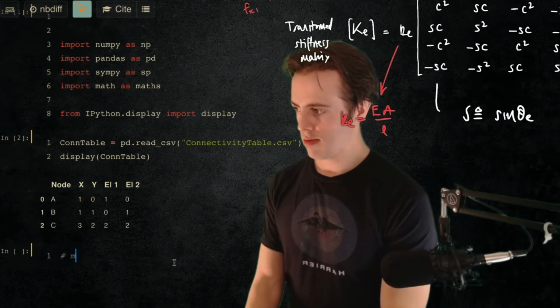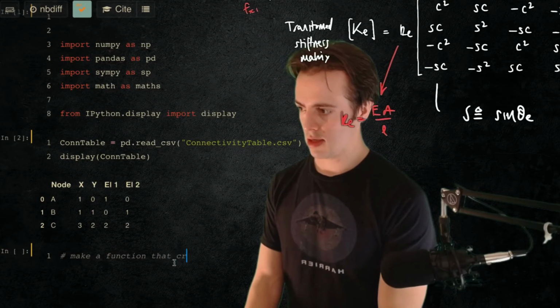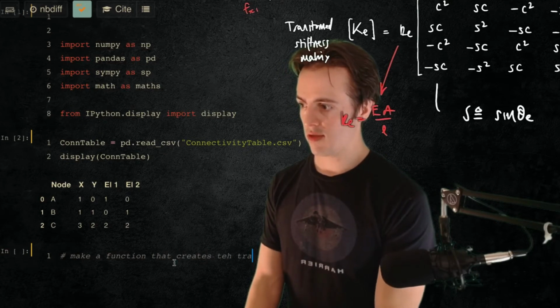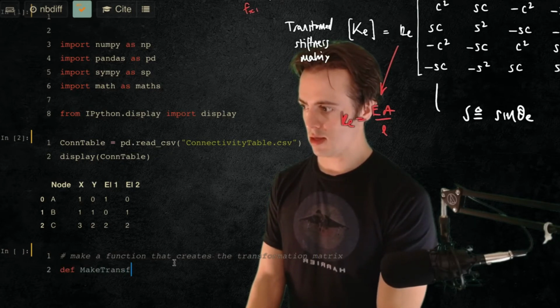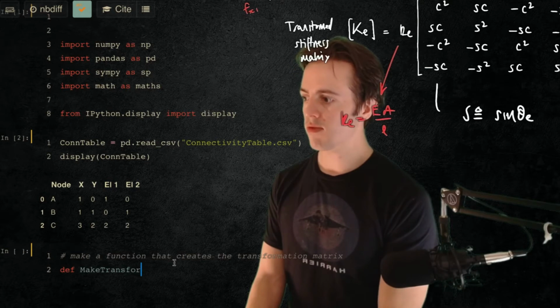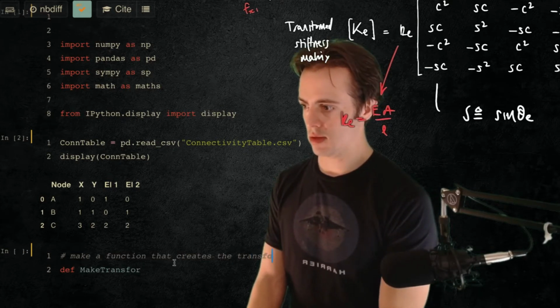So let's make a function that creates the transformation matrix. We'll do def make_transformed, we'll say, because it's not quite a transformation matrix, it's the transformed.